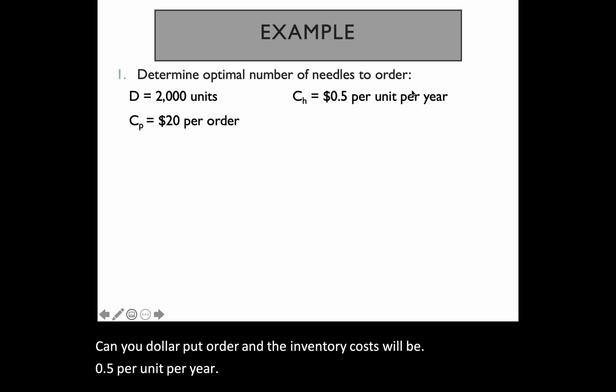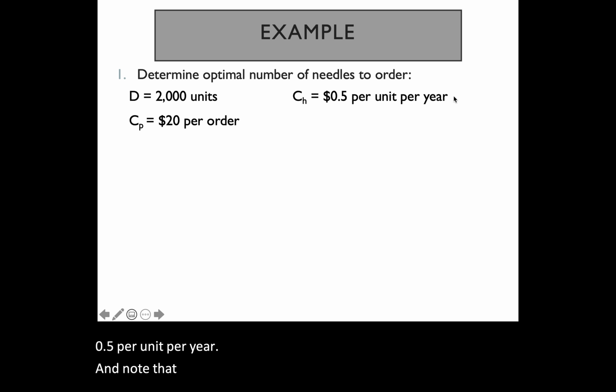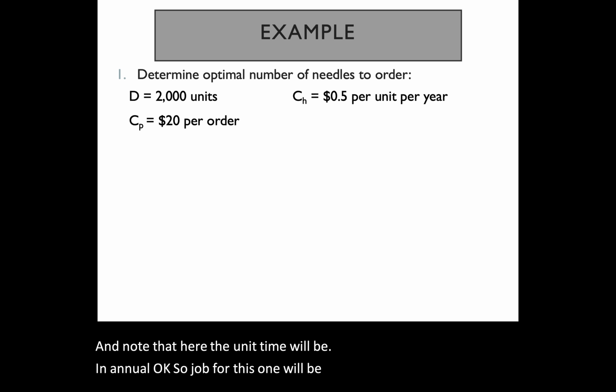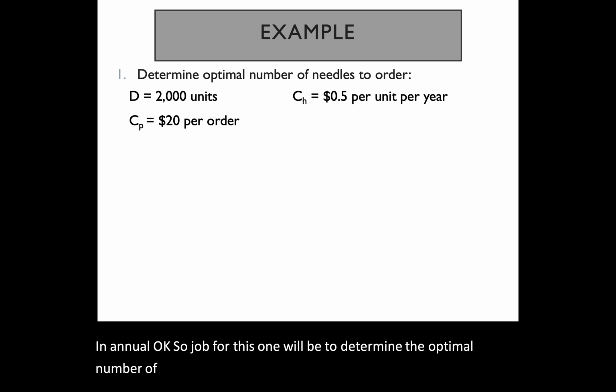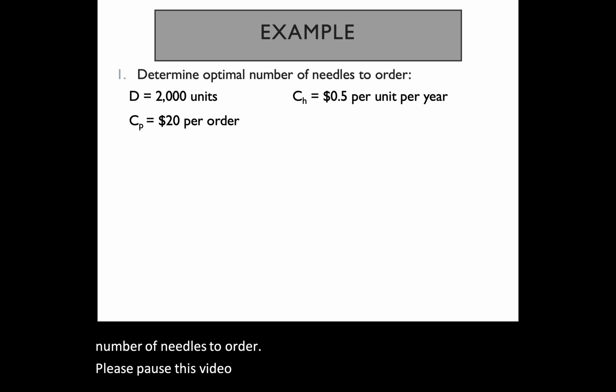And note that here the unit time will be annual. Okay, so your job for this one will be to determine the optimal number of needles to order. Please pause this video and calculate yourself so that you can better understand the EOQ model.